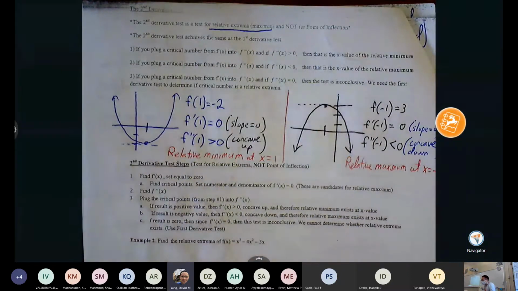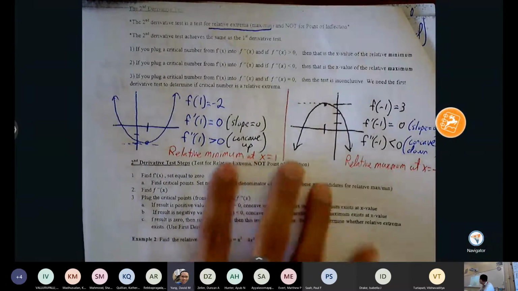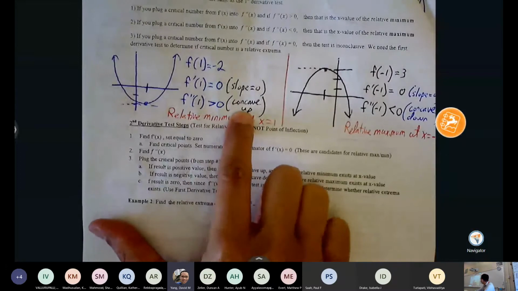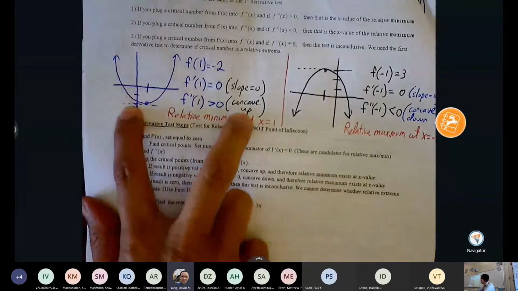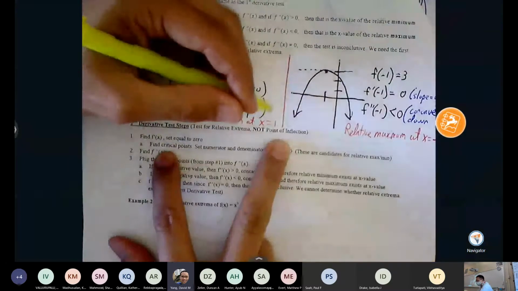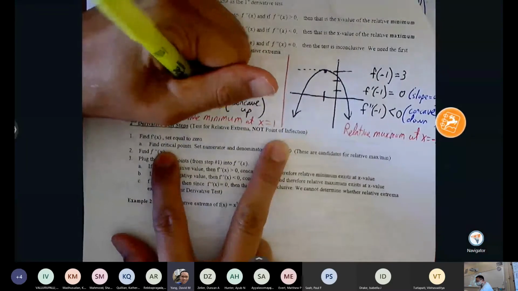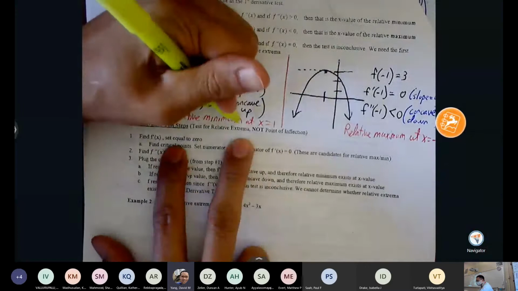Let me highlight where we run into some issues here. I think we run into some issues because if we don't verbalize concave up, and if we can't visualize the graph in front of you, I've seen where we struggle with this.